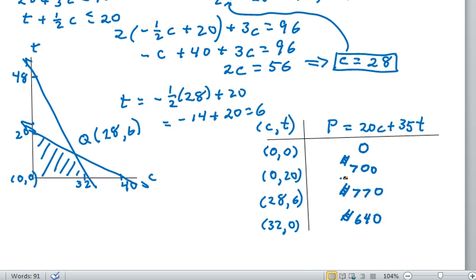And so the maximum profit of $770 occurs when 28 chairs and 6 tables are manufactured.